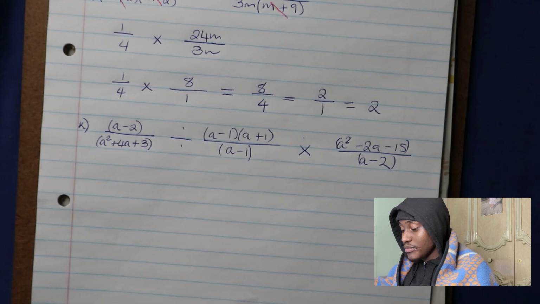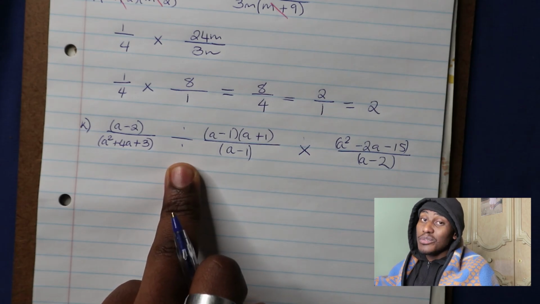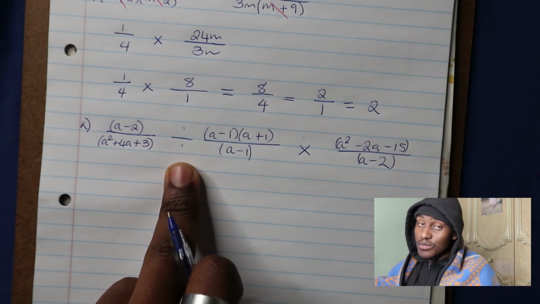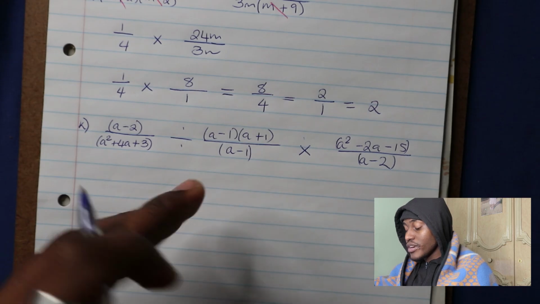It's pretty simple. We're going to need to simplify everything. So we see that we have a division over here. And with a division, we know we're working with reciprocals, especially if we're working with fractions. So let's get to simplifying everything.